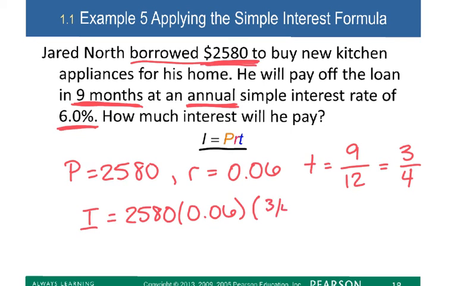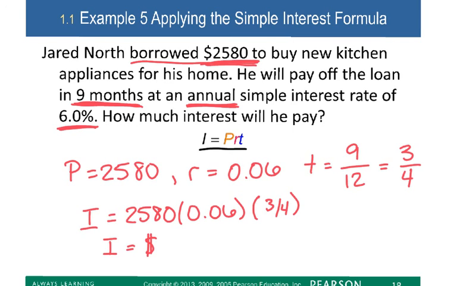And let's see, 3/4. Plug away into your calculator, and you end up with your interest that will be paid back in a dollar amount. So don't forget to put dollars.